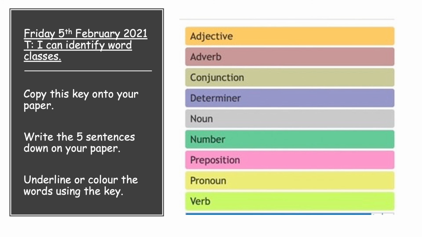So if a word is a verb and you've used green the same as me, you either colour the word in or just underline it. Okay, have a go.